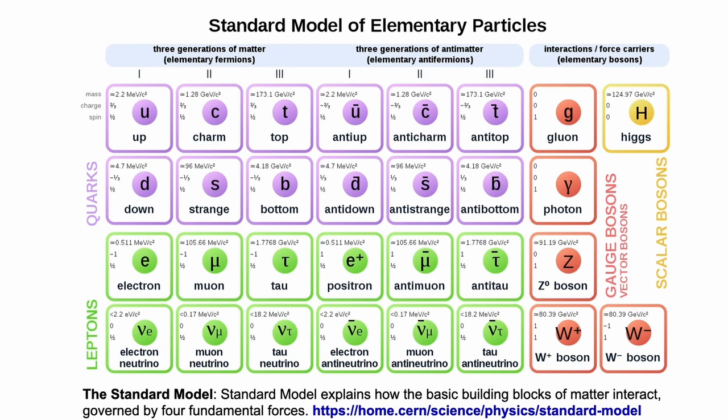Everyday matter is built from the members of the lightest generation: the up and down quarks that make up the protons and neutrons of atomic nuclei, the electrons that orbit within atoms and participate in binding atoms together to make molecules and more complex structures, and the electron neutrino that plays a role in radioactivity and so influences the stability of matter.